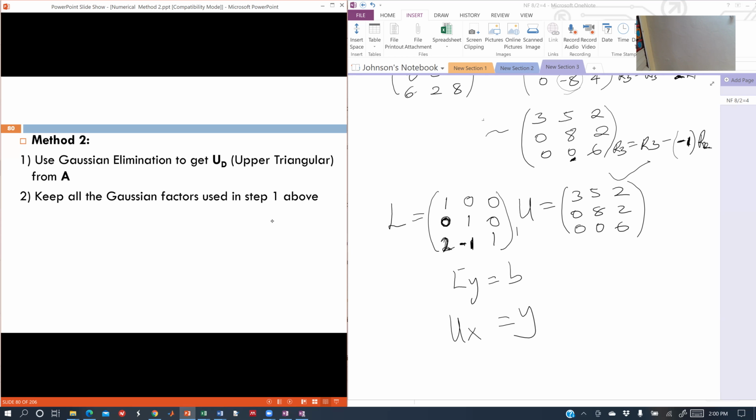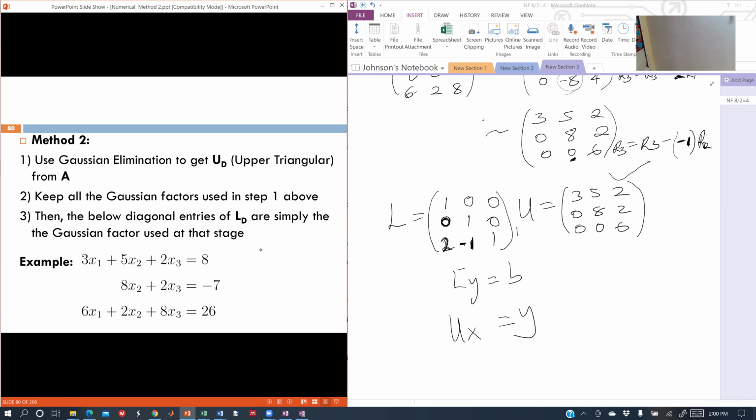So the second method can be put as this, as you see on your left side. Use Gaussian elimination to get U, the upper triangular of A. Keep all the Gaussian factors used in step 1 above. Then the below diagonal entries of L, the lower triangular, are simply the Gaussian factors used at those stages.